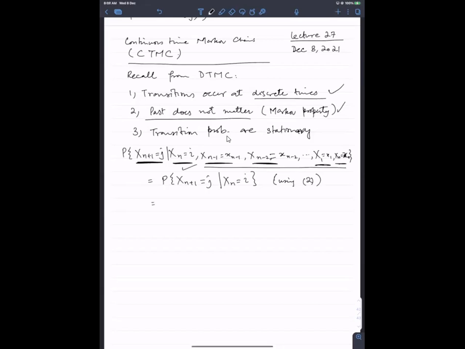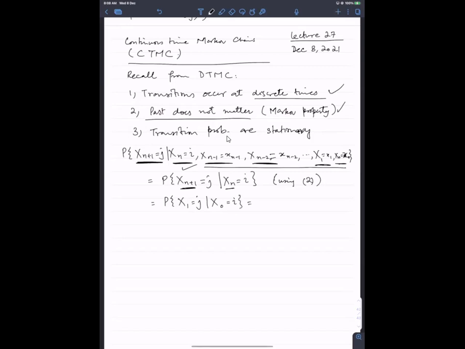Not only that, we are also saying that it is stationary. That means going from n to n plus 1 is the same thing as going from n plus 1 to n plus 2. And it's the same thing as going from 47 to 48, the same thing as going from 73 to 74. So this really is the probability that X(1) is equal to j given X(0) is equal to i.